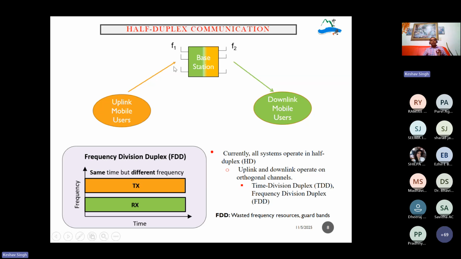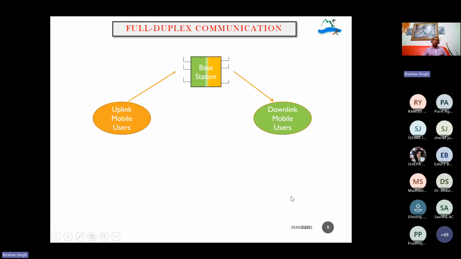So we have dedicated frequencies F1 and F2, where it is all the time receiving on one and transmitting on the other. They are kind of orthogonal. So again, wasted frequency resources, and in order to control the inter-symbol interference, we need guard bands. So again, there will be a wastage of resources due to this.